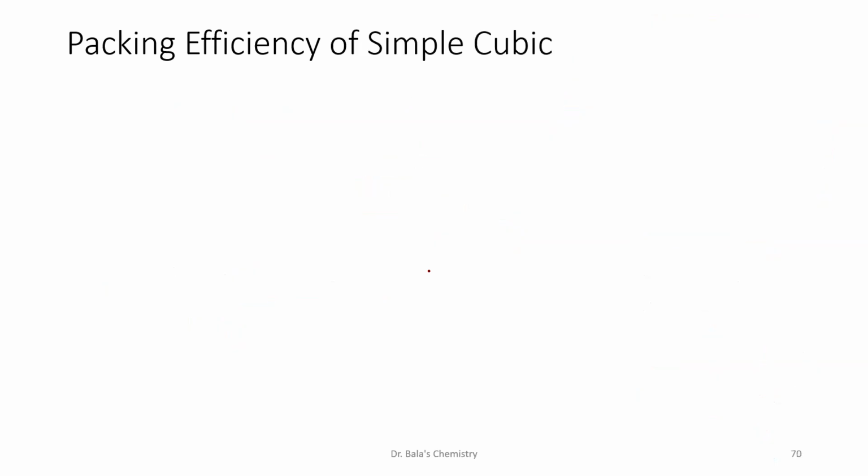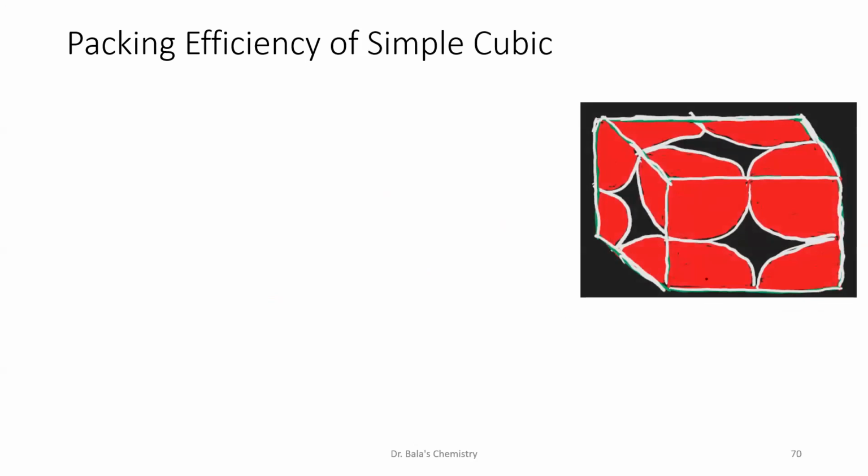The next one is packing efficiency for simple cubic. How we can calculate this is very simple, right? Because there is no gap between the atoms. Each and every atom is touching each other, because it is the simple cubic structure, and no atoms are in between them.